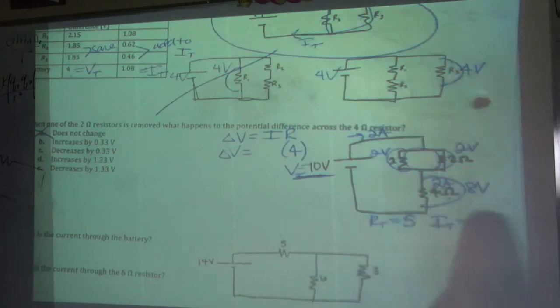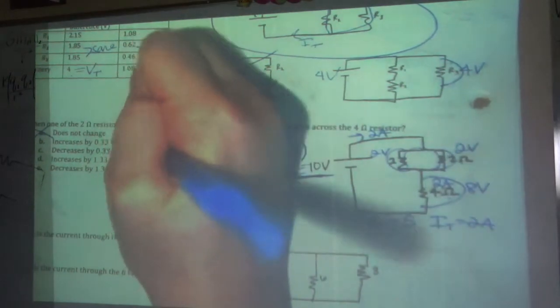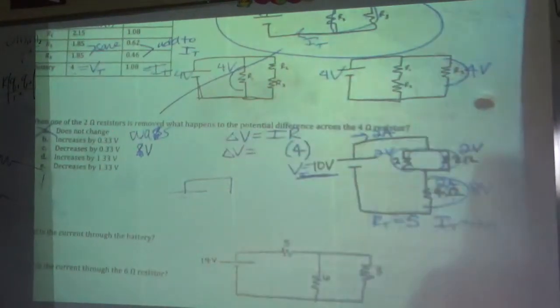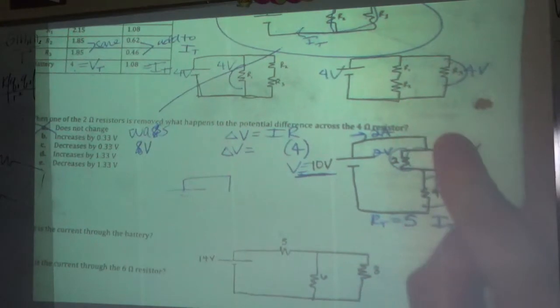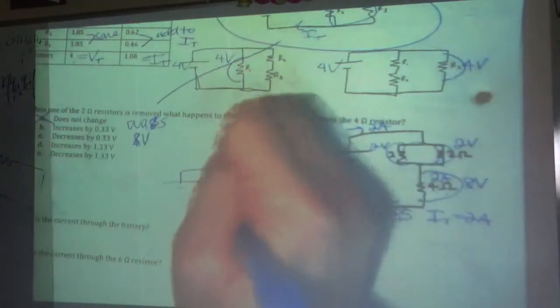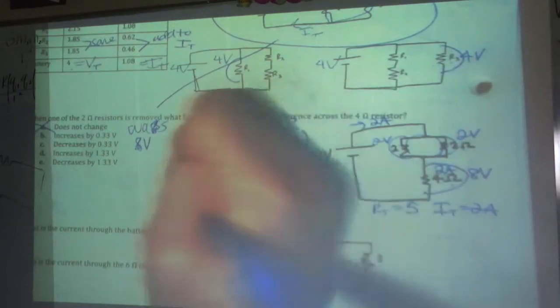All right, so I know the original potential difference across the 4 ohm was 8 volts. And now I need to find out what the new one would be. So if I have 10 ohms, but I take out a 2 ohm, that's basically just saying cover this up. Now it's just a series circuit with the 2 ohms and the 4 ohms.